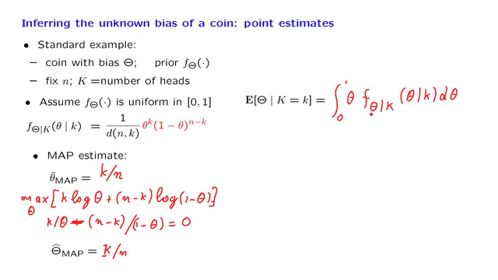Now, what is this? We have a formula for the posterior density, so we need to just multiply this expression here by theta and then integrate. This term here is a constant, so it can be pulled outside the integral.